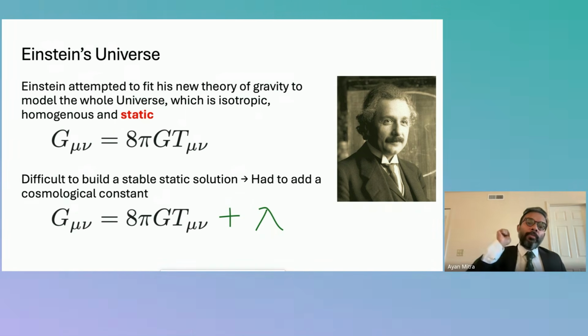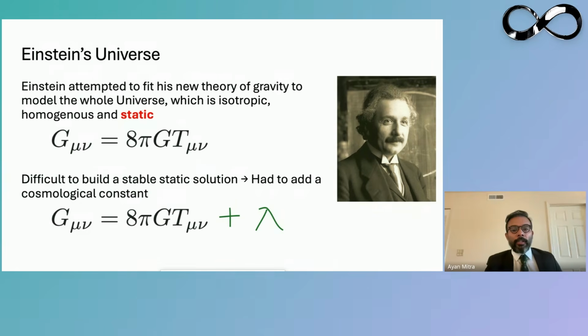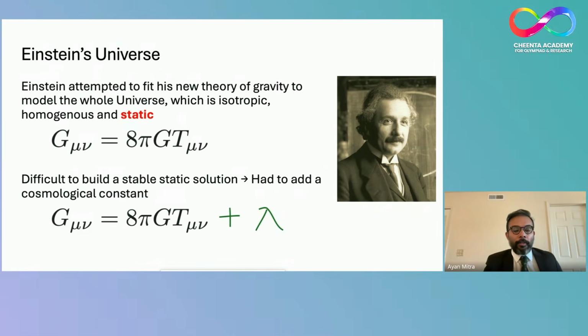So to force it to become a static solution, he added an additional term, called lambda, which would famously go on to be called the cosmological constant. With the cosmological constant, you could throw in a constant, like if you solve an integration equation and you add a constant to serve whatever purpose you need, lambda was like that. So you could now do a static model also.